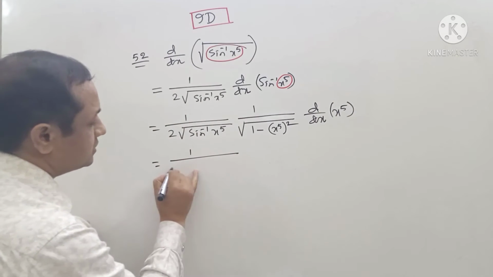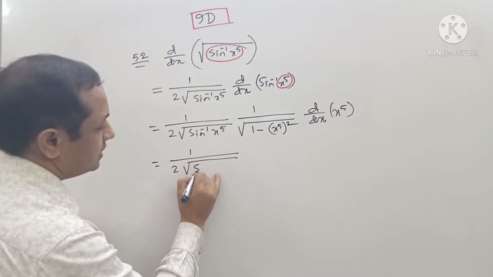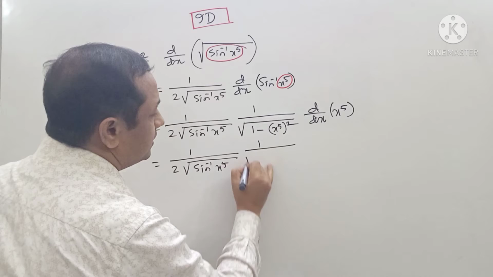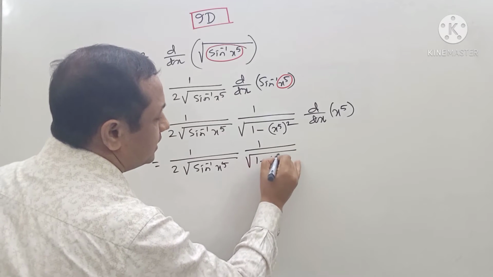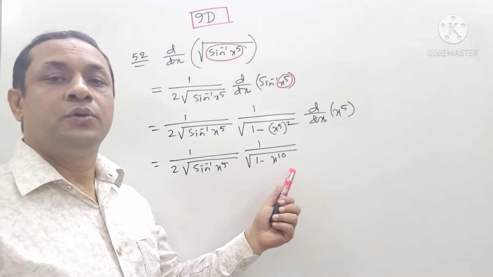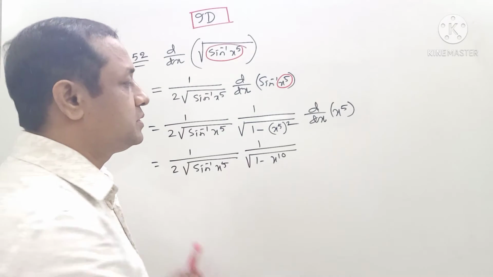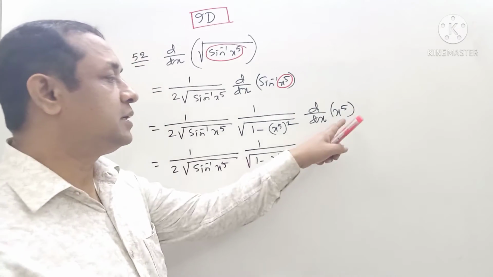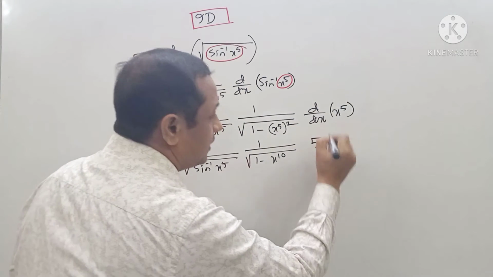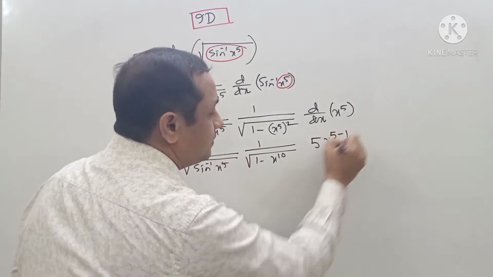Now we can write 2 root over (sin⁻¹x)⁵ and 1 by root over 1 minus x¹⁰, and using the formula d/dx of xⁿ, then 5x⁵⁻¹.